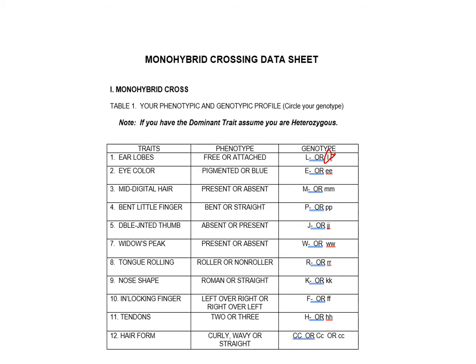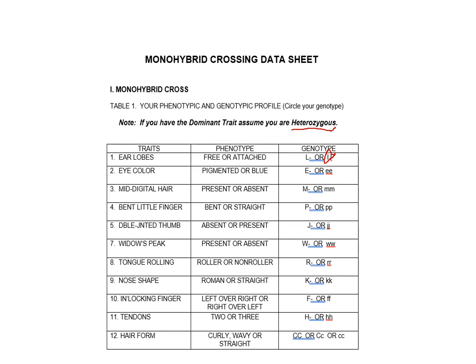If you have the dominant trait, though, you wouldn't know if you were homozygous dominant or heterozygous. So if you look at this statement up here, you'll notice that the assumption you're making is that you are heterozygous. So if you had free earlobes, for example, you'd have a big L, little l, as your genotype.